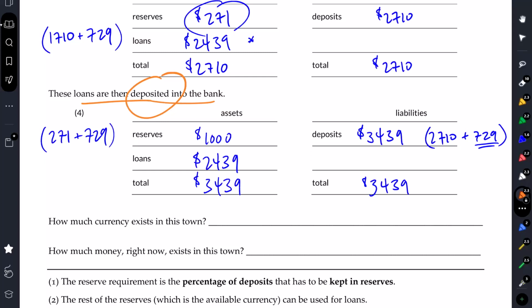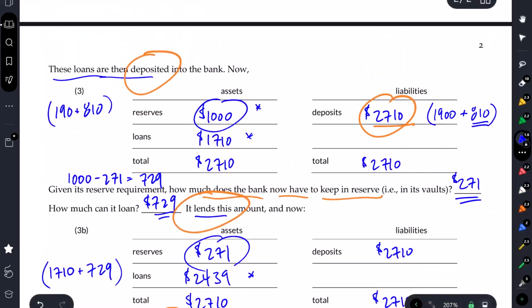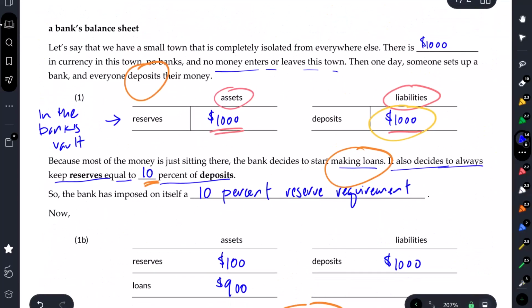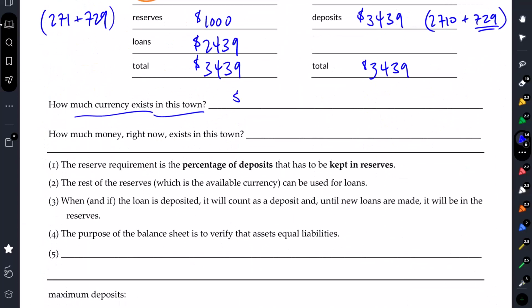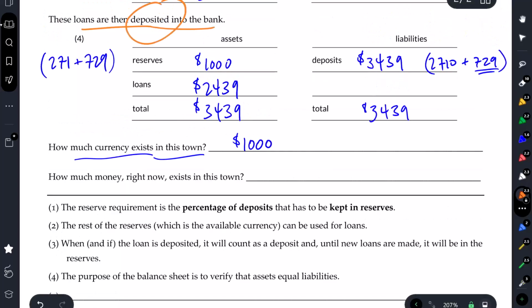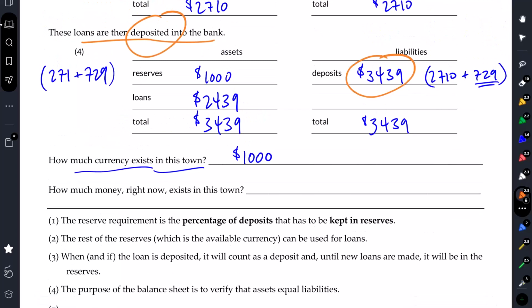Now, how much currency is there in this town? Well, for this whole process, we've never added any bills or coins. We just have the $1,000 that we started with. So the total amount of currency is 1,000, but how much money is in this town? Well, that's this figure over here.